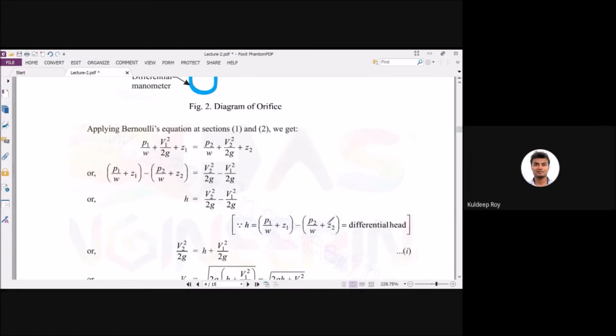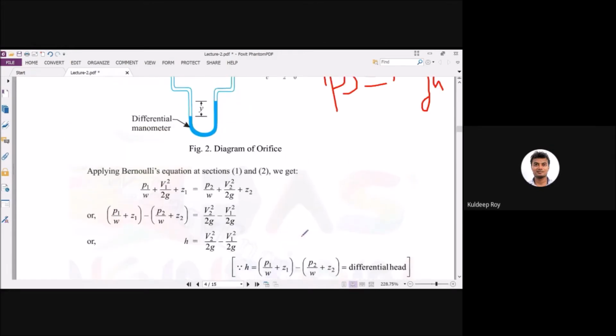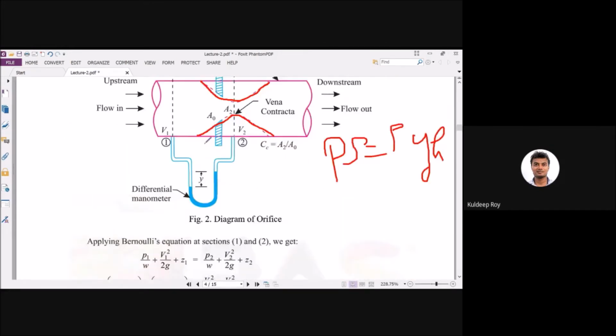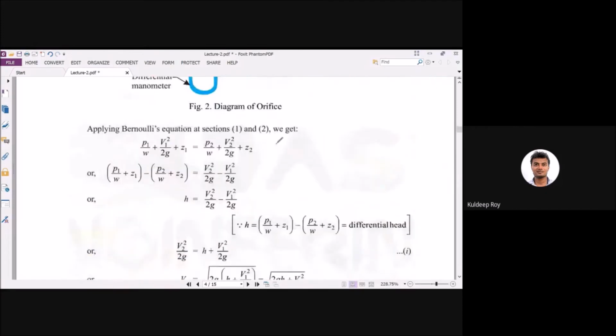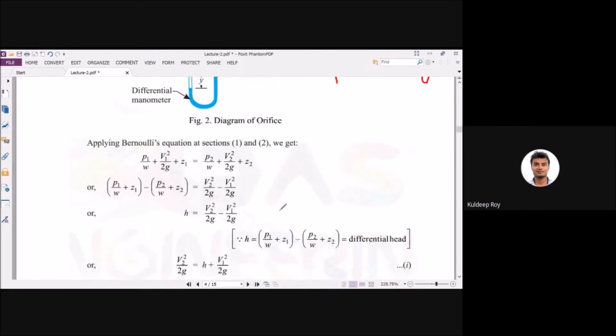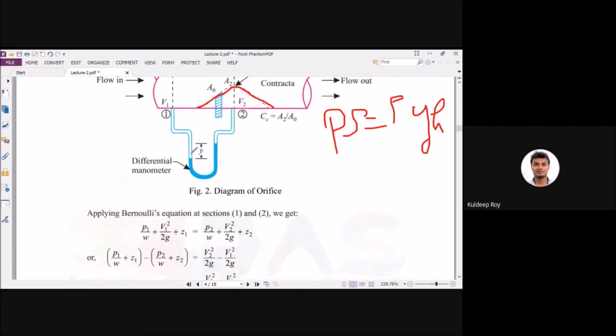Now here, why are we adding Z1 with the pressure? Because of the change in the velocity, the change in the potential head, which is very small, will be encountered, and it will be added into this change in the height position.